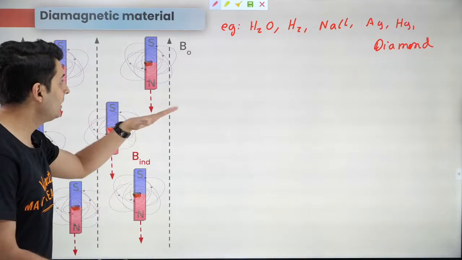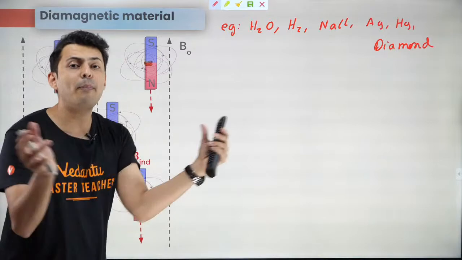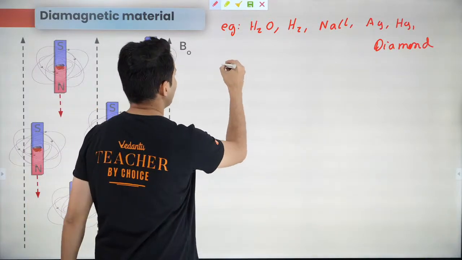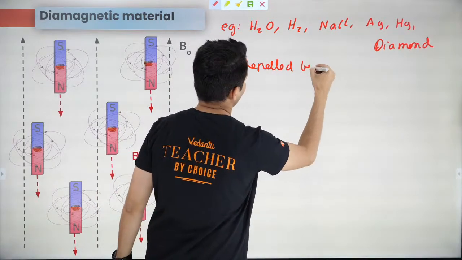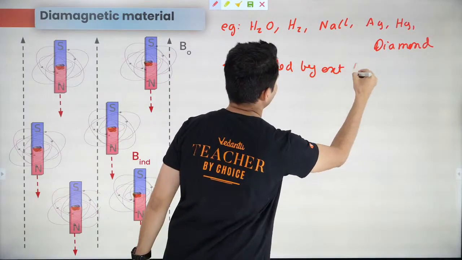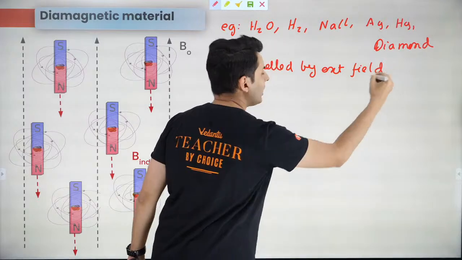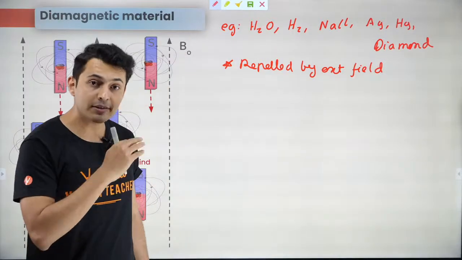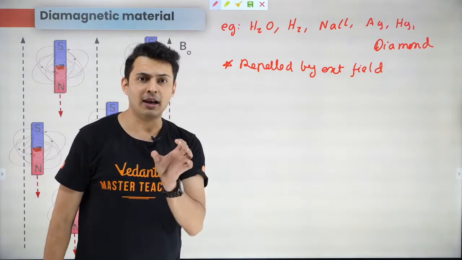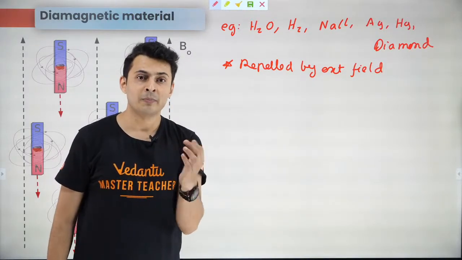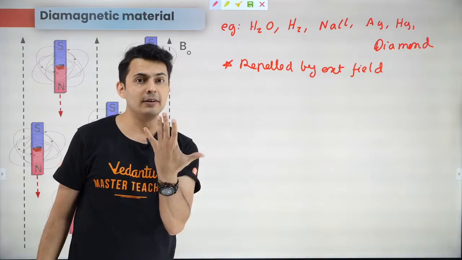Okay, and these materials get repelled by the field. So very important, they are repelled by the external field. You know what guys, there are videos on this. They take a frog or an ant or some small animal, and they produce a magnetic field from below.